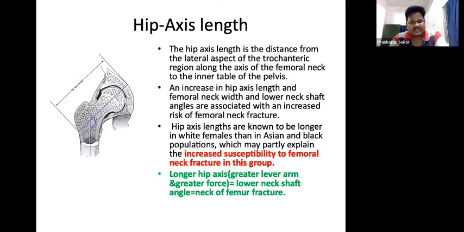Such long hip axis length is more common in white females. That's why white females are more prone to femoral neck fractures compared to black races. A long hip axis leads to a greater lever arm and greater force, and a lower neck shaft angle leads to fracture neck of femur.